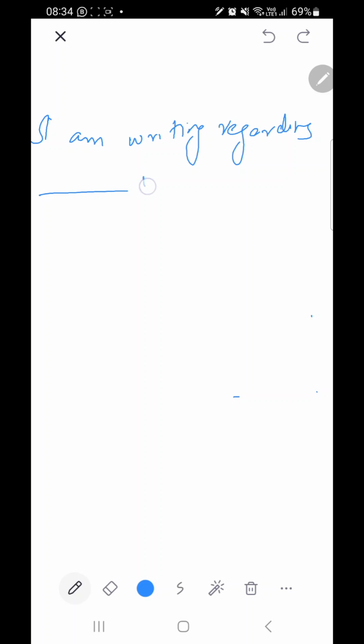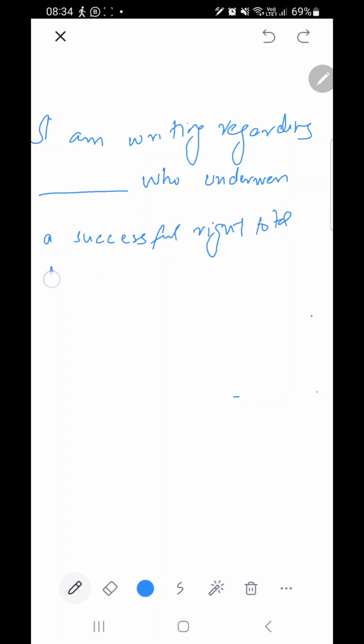For example, you can write: I'm writing regarding whatever the patient name is, who underwent a successful total knee replacement surgery, right? Full stop.